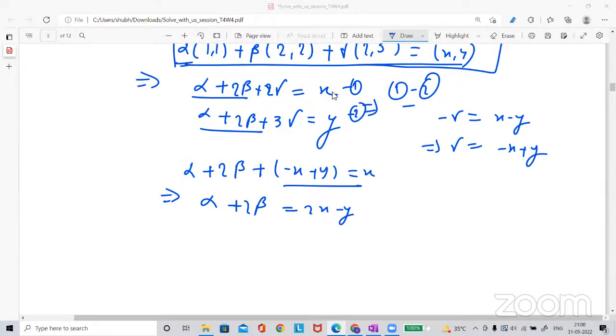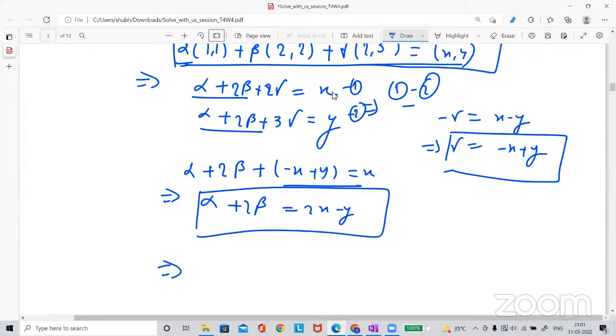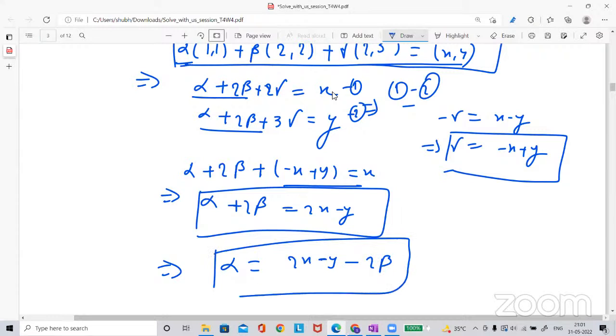You get a value for gamma, but you have a relation for the others: alpha is equal to 2x minus y minus 2 beta. Since alpha and beta are any real numbers, you can give different values to beta and it will give different values of alpha.